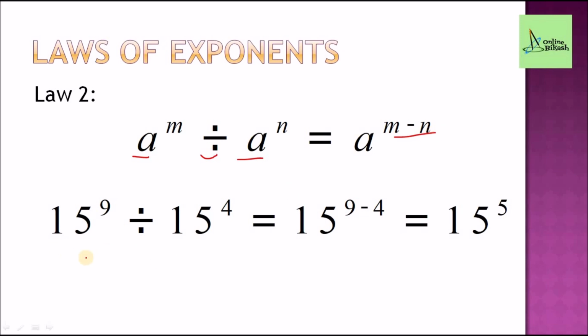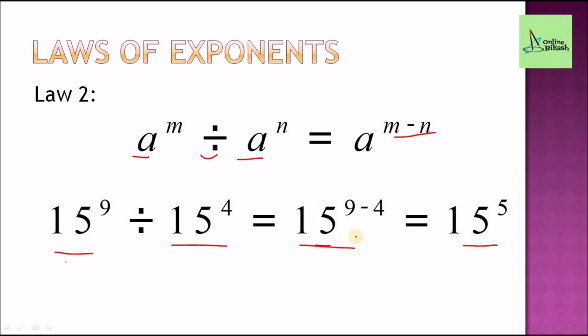Let us see with an example. Suppose you have 15 to the power 9 divided by 15 to the power 4. In that case, what can we write? We can write 15 to the power 9 minus 4. Is it clear? If you subtract 4 from 9, then you will have 15 to the power 5. So simply put the base 15, and as the power we write the difference of the powers.